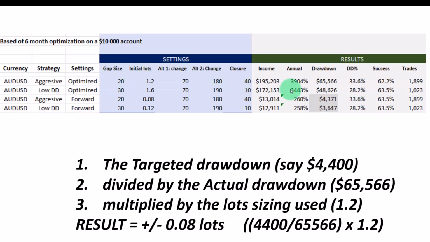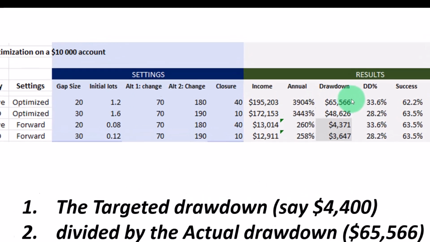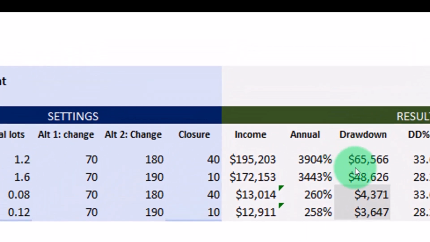So here are the same results that I've shown you previously. I'm saying, okay, my goodness, I have a $10,000 account that I'm going to be trading. I cannot afford a drawdown of 65,000. I mean, that's really ridiculous. What I would like is a drawdown of around 4,000 would be more acceptable.